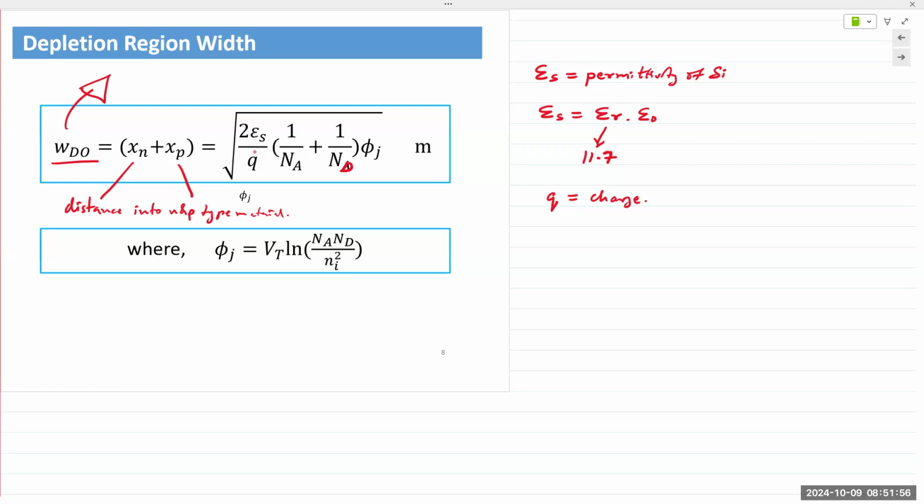All right, any values for phi j? No one has a calculation yet?